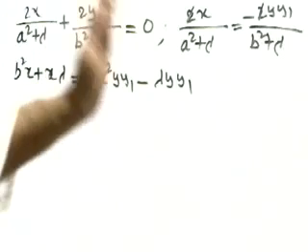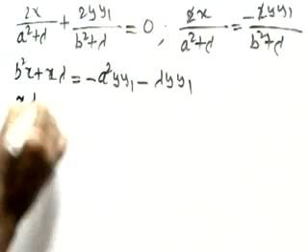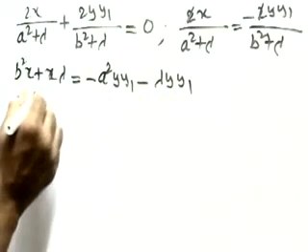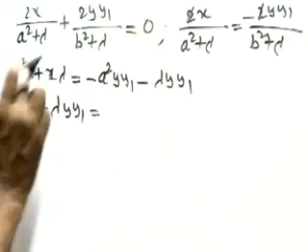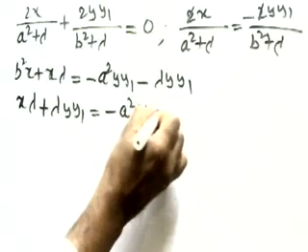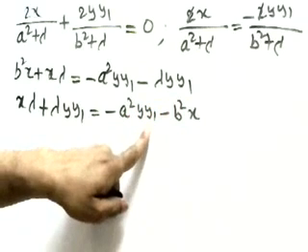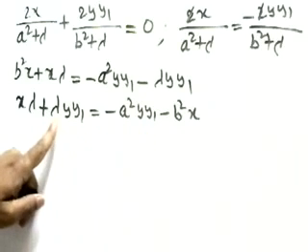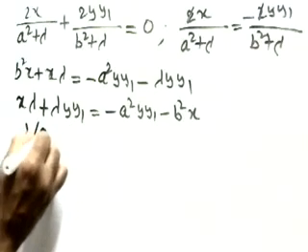Now we have to find lambda, so bring lambda to one side and other terms to the other side. See, one is here x lambda, bring this minus on the other side, it will be plus lambda y1 equals, bring this here, minus a square y1 minus b square x. Now let us take minus common here, and next you take lambda common from here.